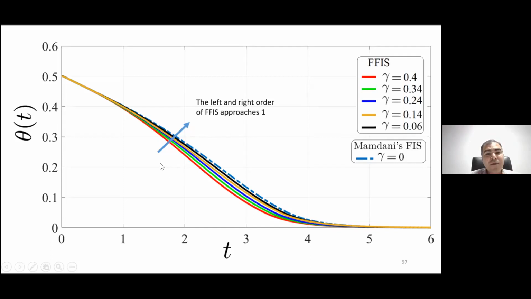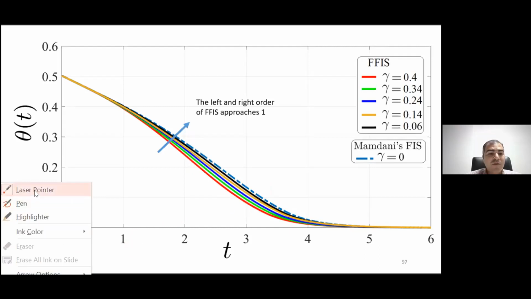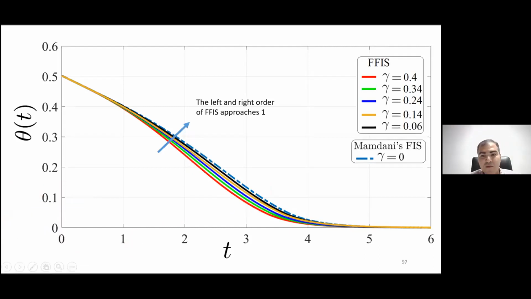So as the order approaches 1, its output approaches the output of the typical FIS. Here we consider the Mamdani FIS. This is the output of the Mamdani FIS, and these are the outputs of some modes of FFIS.